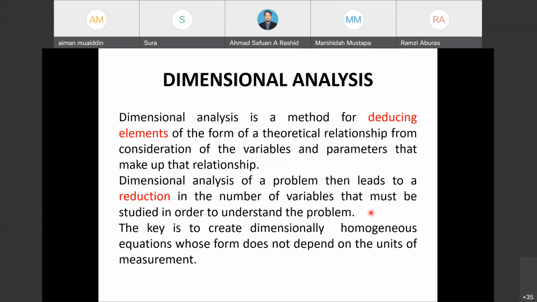Okay. So once we know the related parameters, we can reduce the number of variables that we want to investigate.